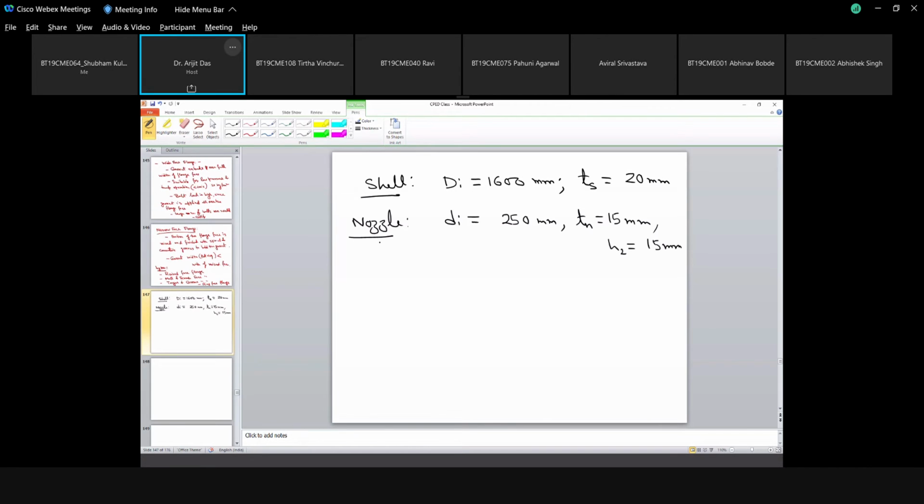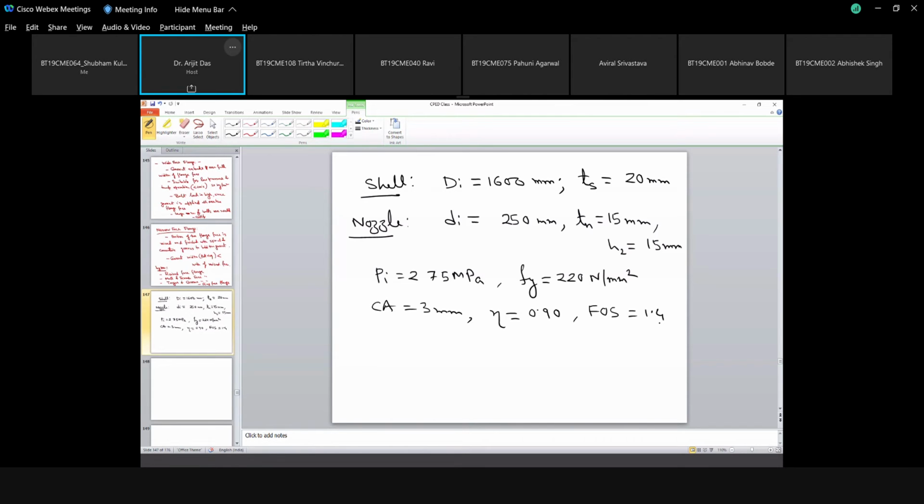Inside pressure is 2.75 megapascal, yield stress 220 Newton per millimeter square, corrosion allowance 3 mm, welding efficiency 90%, and factor of safety is 1.4.